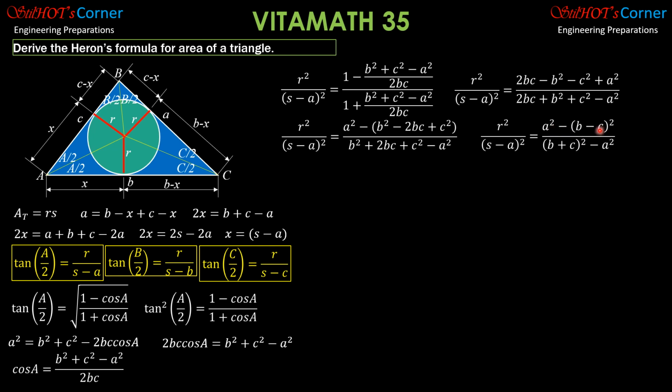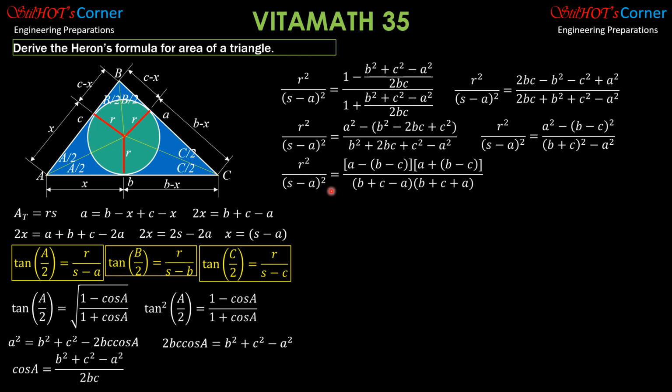So we have here a difference of two squares, which can be factored. The numerator is factored into a minus (b minus c), and the other factor is a plus (b minus c). So it equals [a minus (b minus c)] times [a plus (b minus c)], all over (b plus c minus a) times (b plus c plus a).